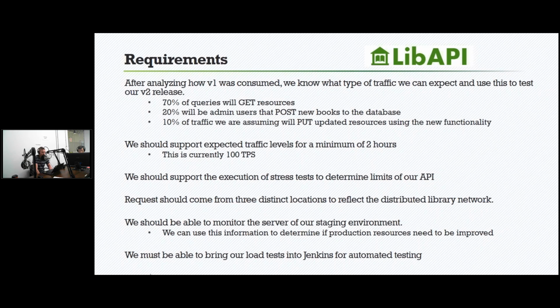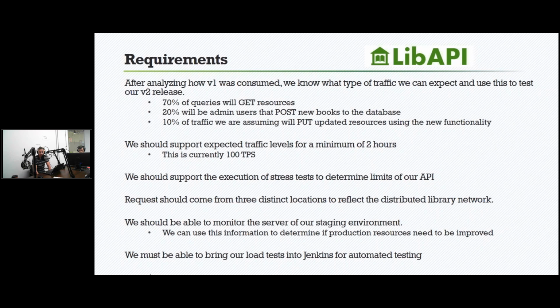We've looked at the traffic: 70% of the queries use get resources, 20% will be admin users that post new books to a database, and 10% of the other traffic we're assuming will put updated resources using that new functionality. And from version 1, we expect traffic levels for a minimum of 2 hours and currently at a rate of 100 transactions per second.